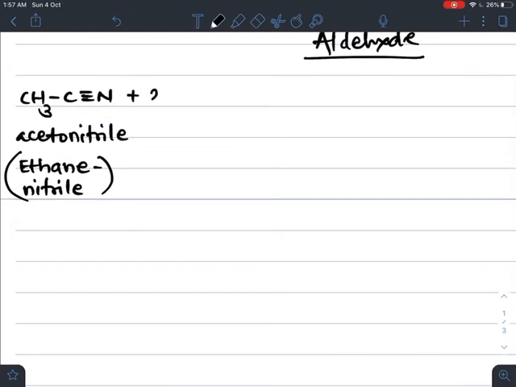When it undergoes Stephen reduction, it means addition of two nascent hydrogens supplied by SnCl2 stannous chloride and hydrochloric acid.